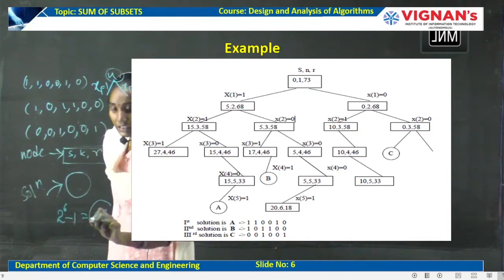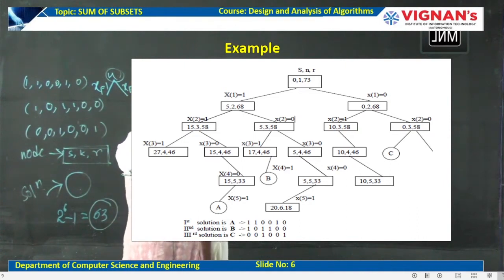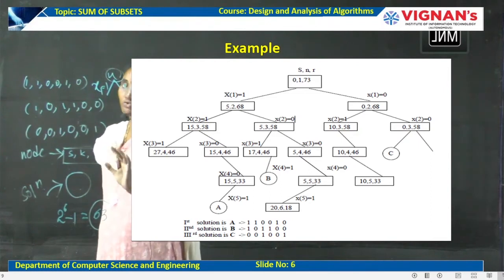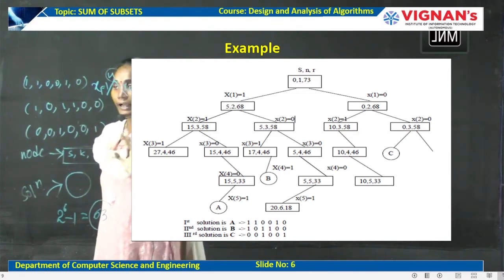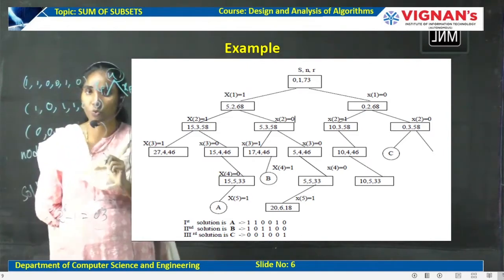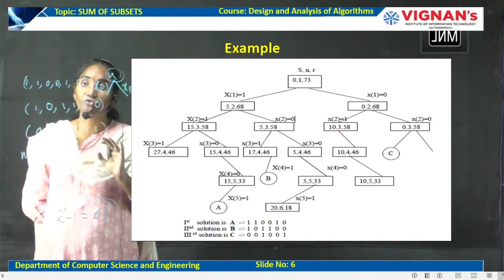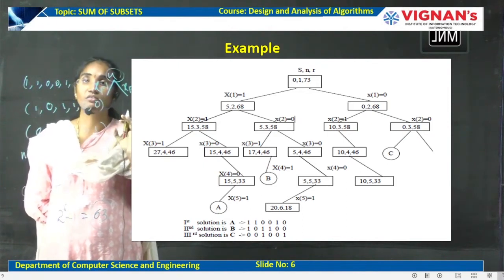So 63 nodes I will be having if I want to draw the entire or full state space tree. But practically it is impossible for me to draw all the 63 nodes. That's why I am generating the portion of the state space tree where I am getting the solution, right?